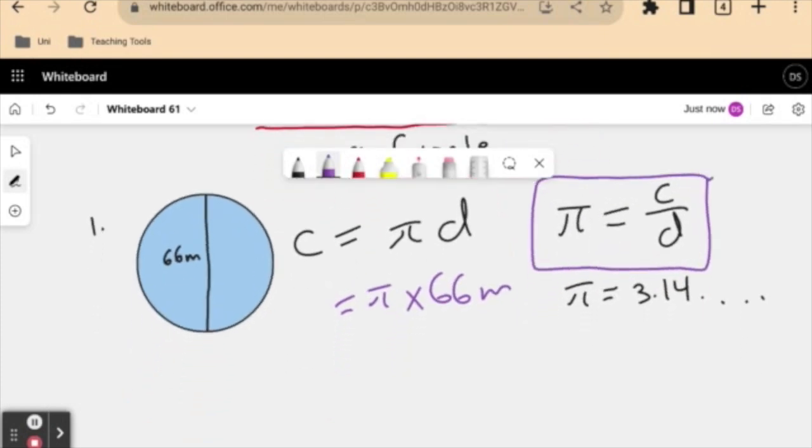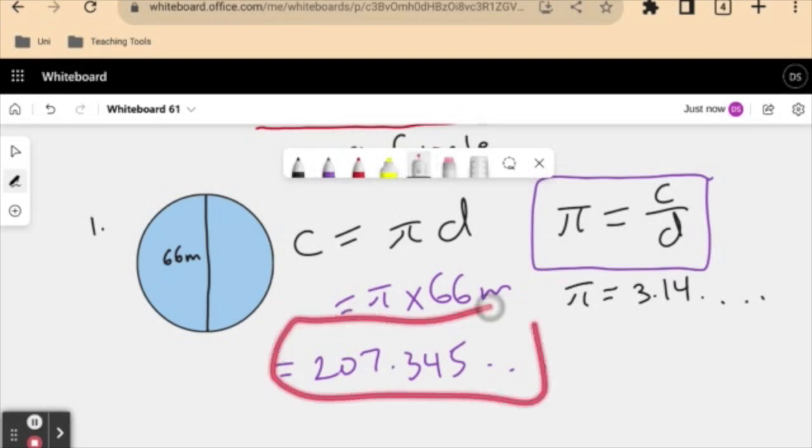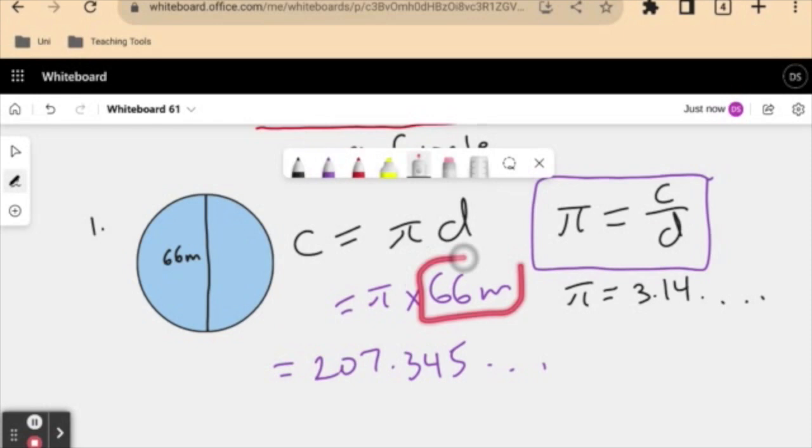Now, when I plug this in, I'll get about 207.345, etc. And it makes sense that we're going to have a lot of decimal places here because we're multiplying our diameter by an irrational number, a number that has a bunch of decimal places.